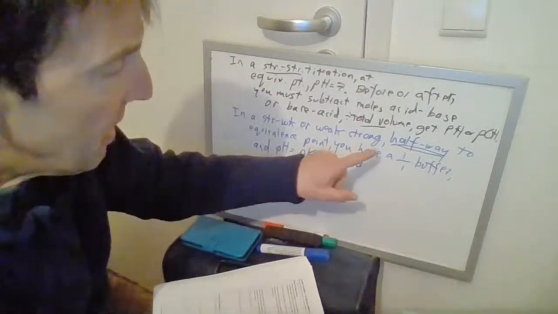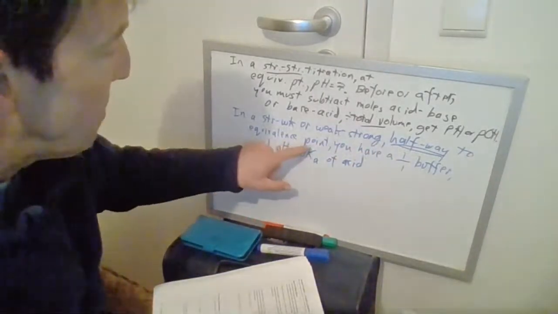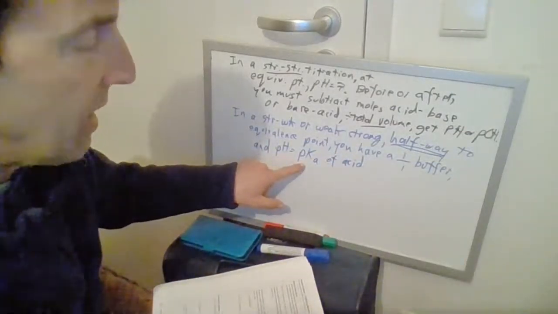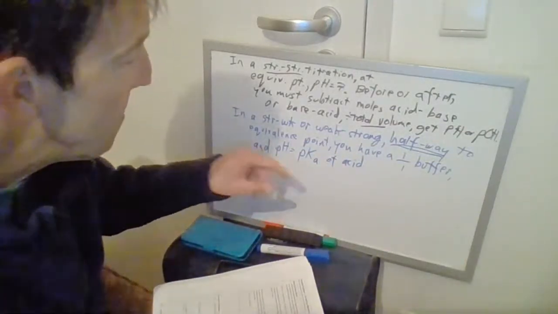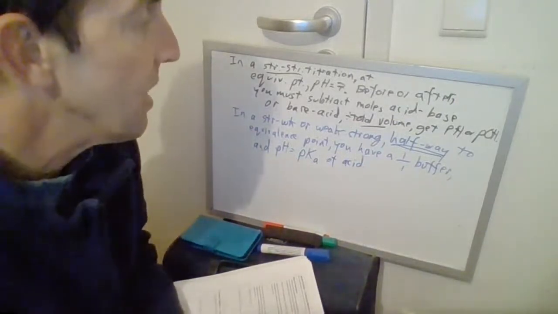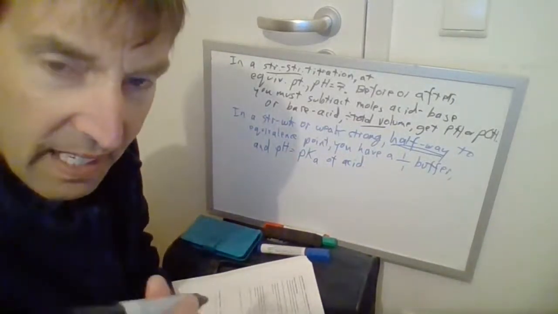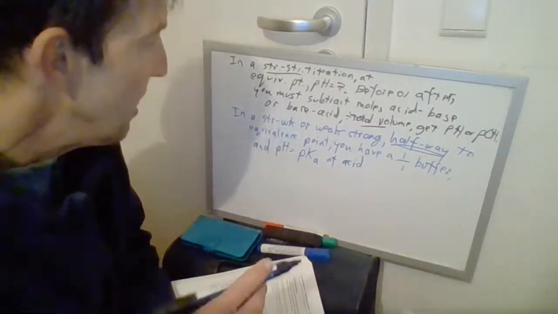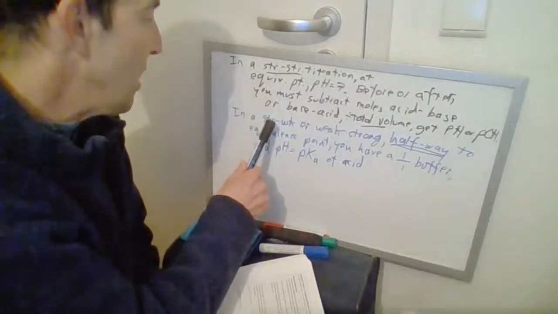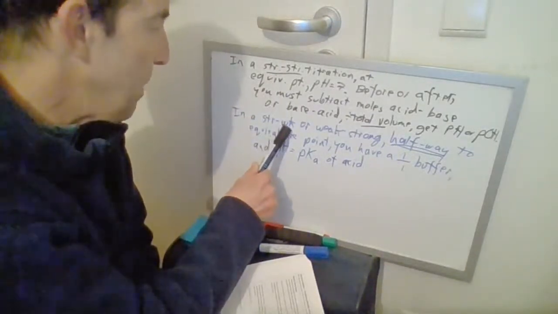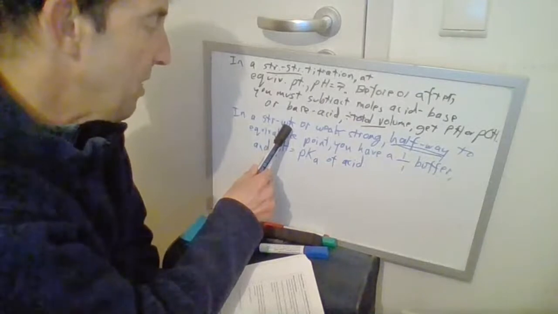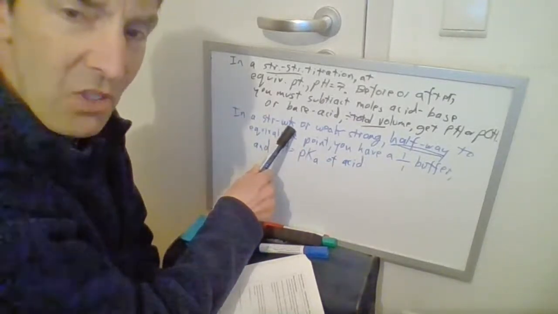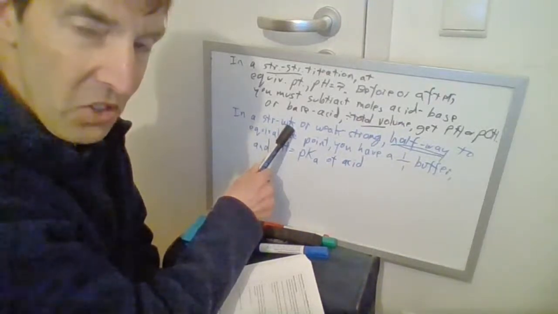The magic point is halfway to the equivalence point. You have a 1-to-1 buffer, and the pH simply equals the pKa of the acid. Now, it's the acid that is the conjugate of the weak base. In other words, if I do a strong acid, weak base, then the Ka is the Ka of the conjugate acid of the weak base, if that makes sense.